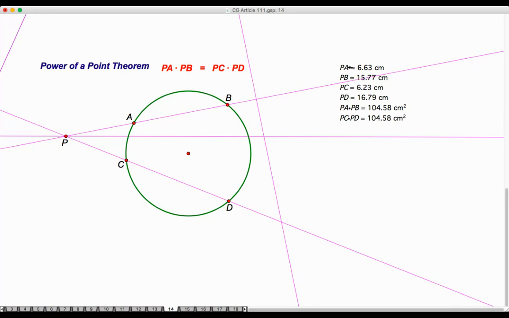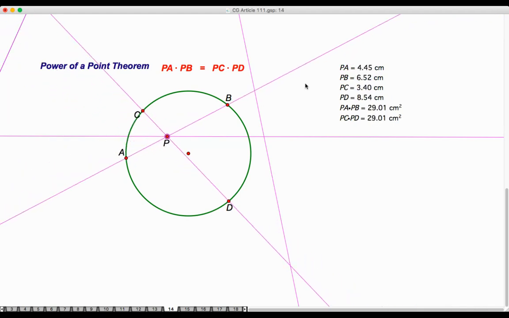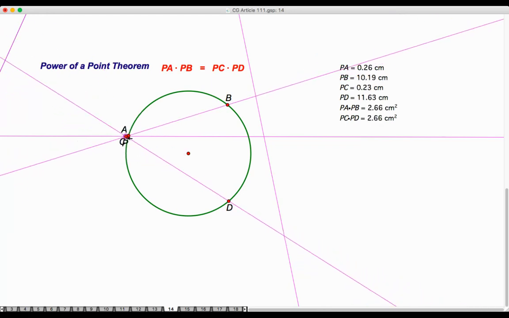And you notice in this case, PA times PB is equal to PC times PD, and both of them are equal to 1/4. If P is inside the circle, the product now is equal to 29.01, and the other one is also 29.01. So whether it is inside or outside or even on, when it is on, the product must be equal to 0.